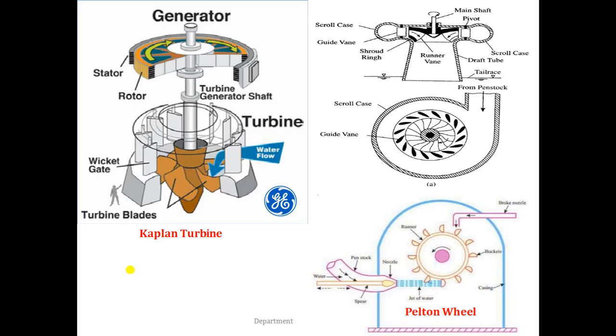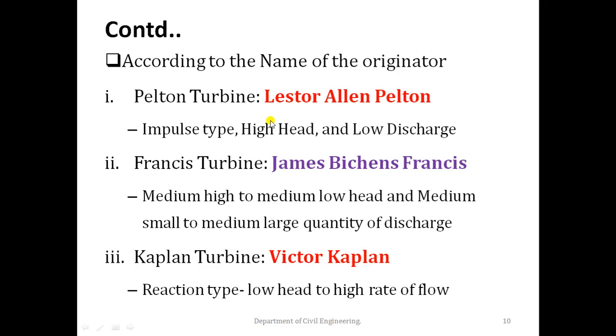So here you can see Pelton turbine is actually an impulse turbine, because the turbine is rotating because of impulse action of the water, and these two, that is Kaplan turbine and Francis turbine, they are reaction turbine.